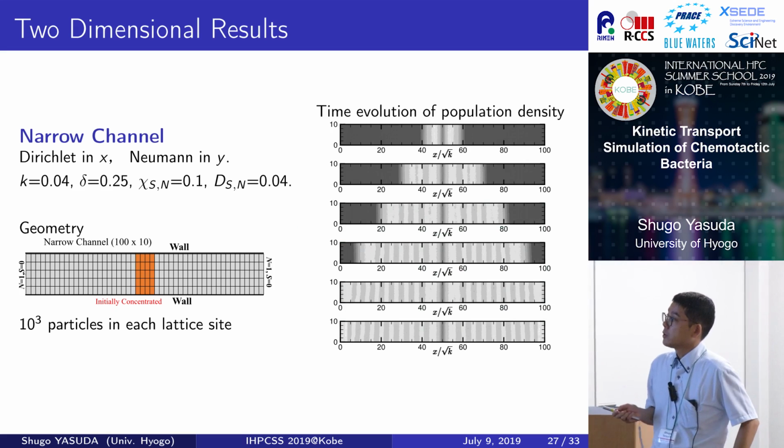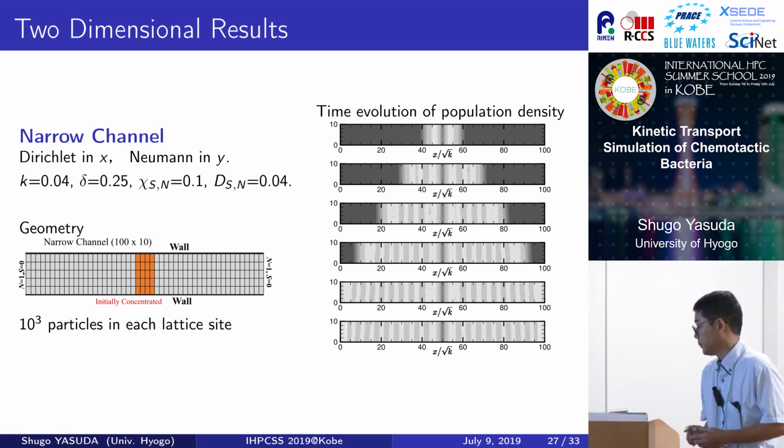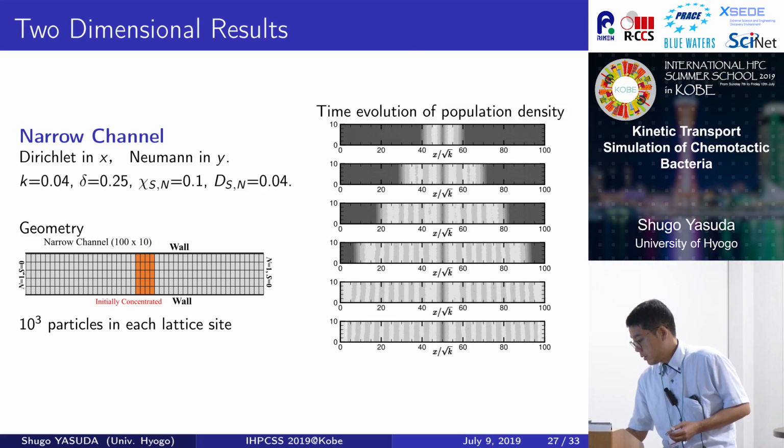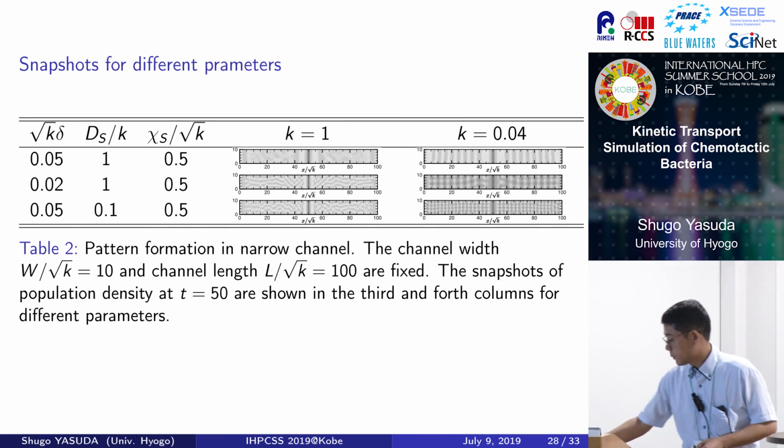This is a sequence of snapshots. They extend their population, and after the front has passed, they create the stripe patterns.